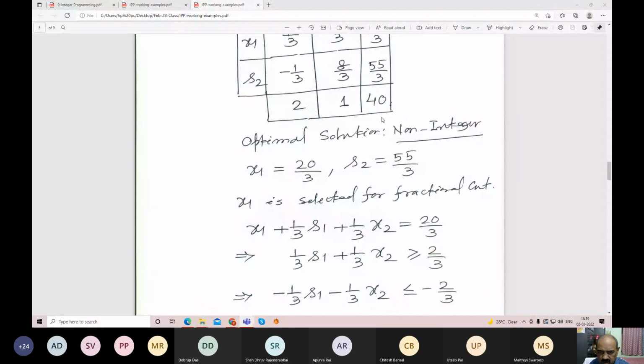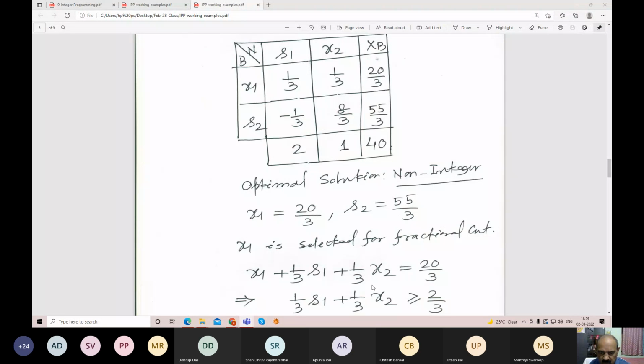So with respect to x1, we have x1 plus 1/3 h1 plus 1/3 x2 equal to 20 by 3. With respect to this, we will have a fractional cut in this manner. The cutting plane 1/3 h1 plus 1/3 x2 is greater than or equal to 2/3. So what is the equivalent cutting plane? If you want to express, you subtract.